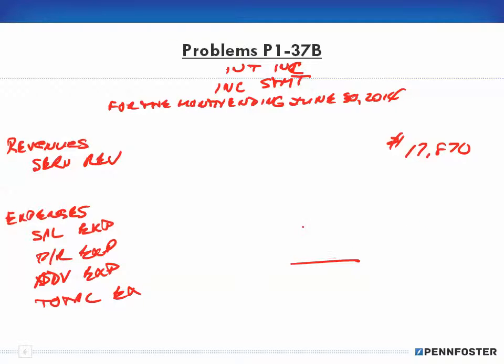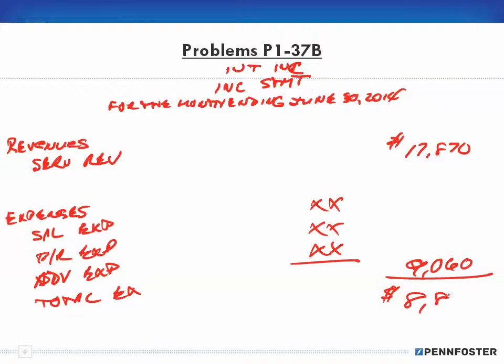Since I'm going to do a calculation, I would put the numbers in the leftmost column. So I'd have salary expense, payroll expense, advertising expense, and then I would have my 9,000 whatever here, which would give me my profit or loss of 8,810. I'm just making these numbers up here, but my total expense is 9,060. And so my net income would be the 8,810, and I'd have a double underline.